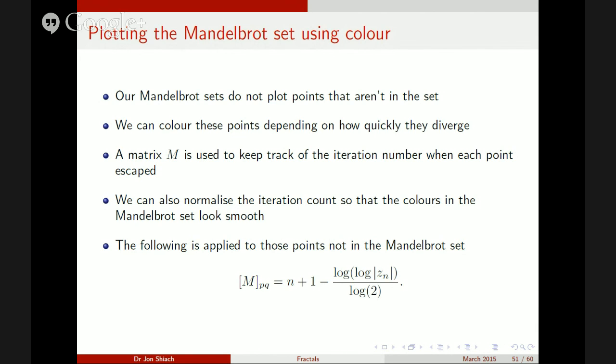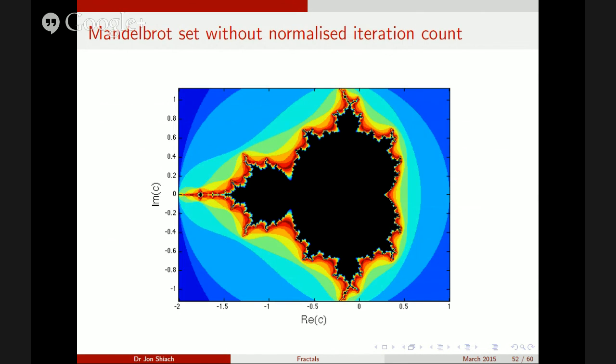Okay, so this is our Mandelbrot set. And this is with a color map applied. So for example, the red points are actually quite close to the Mandelbrot set, and they took quite a long time to diverge, whereas the blue points diverge very, very quickly. So that gives you some idea of what's happening.